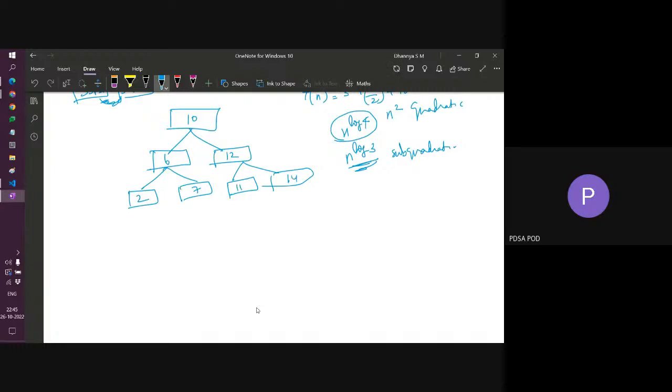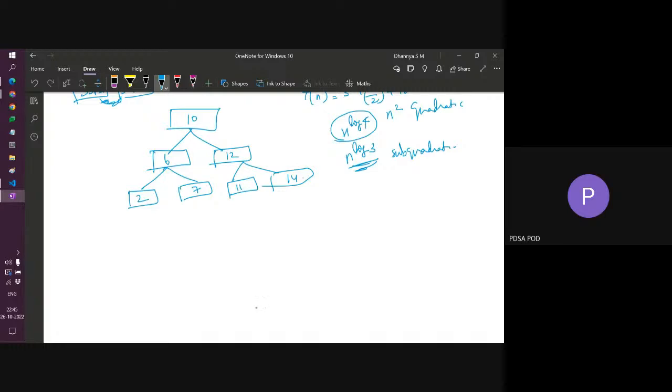So this is your binary search tree. I hope you're aware of binary search trees. Are you all aware of binary search trees? Yes, ma'am. Okay, so this is an example binary search tree I've given. You want to find out whether you have a value 11 in this.